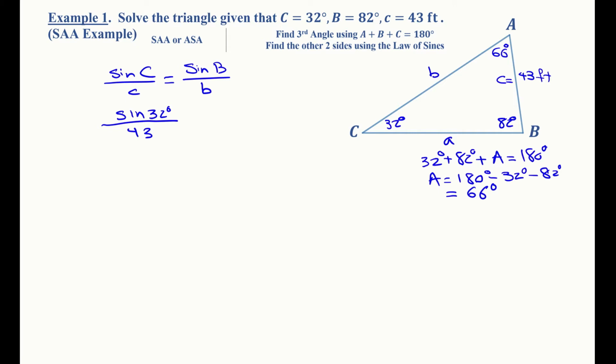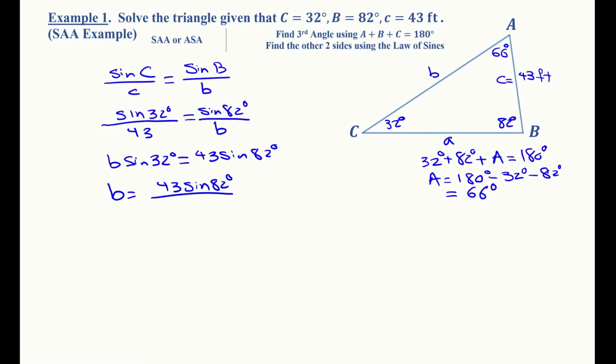And for sine of B, we'll have sine of 82 degrees divided by B, which is, of course, unknown. So here we can quickly cross multiply, and we get B sine of 32 degrees equals 43 sine of 82 degrees. So B will be 43 sine of 82 degrees divided by sine of 32 degrees.